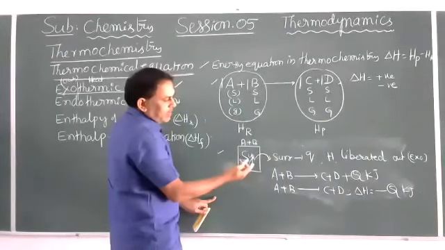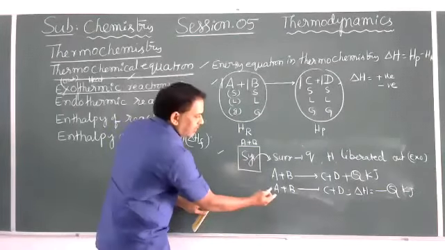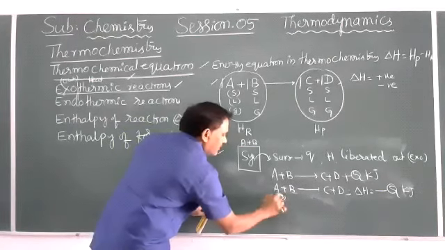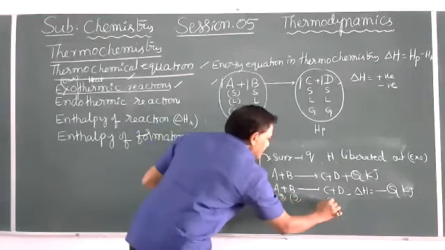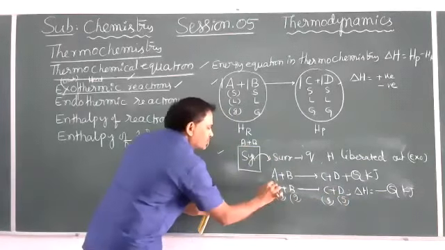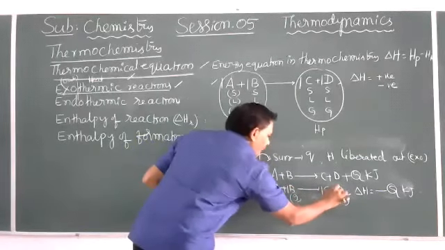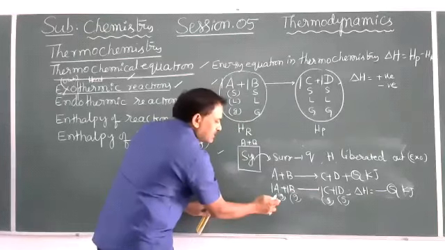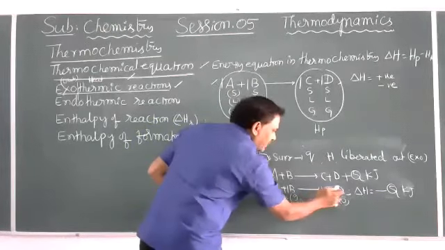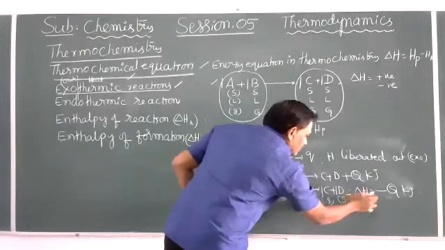In an examination, while doing problems, if they give it like this, with each substance a gas, and the number of moles 1, 1, 1, 1, then the physical state, the number of moles of reactants and products, and delta H are all mentioned.